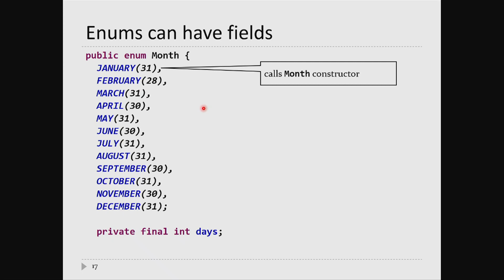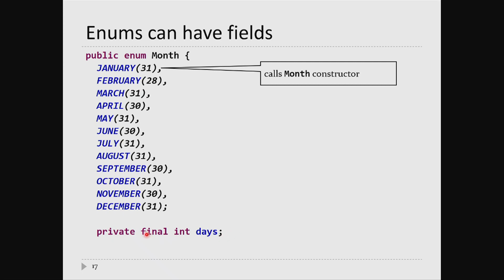This is how you write an enumeration if you want to give your constants some information. Here I've got the month enumeration, and I've changed it a little bit. I'm also going to add a field called days to my enumeration. It's marked final, and for a good reason. Remember what final means on a variable: you can only give that variable a value once, and that's true whether it's a variable, a field, or a constant.